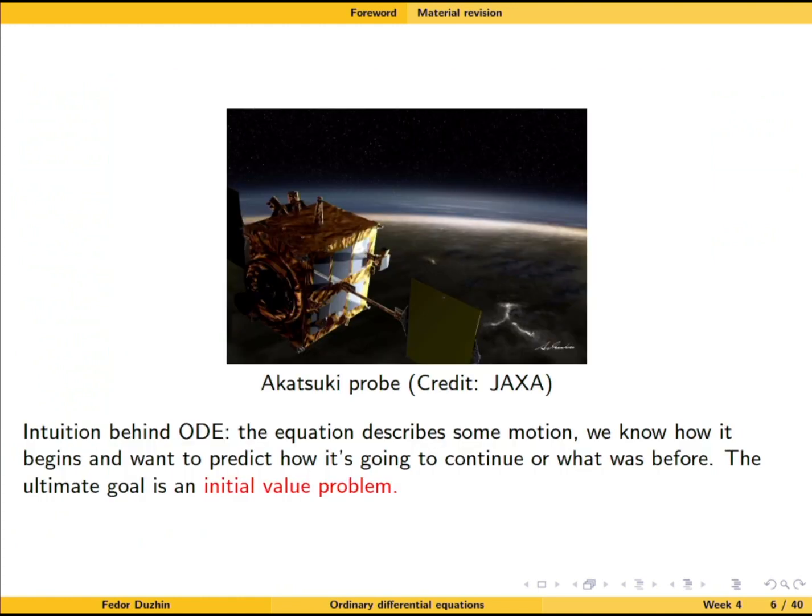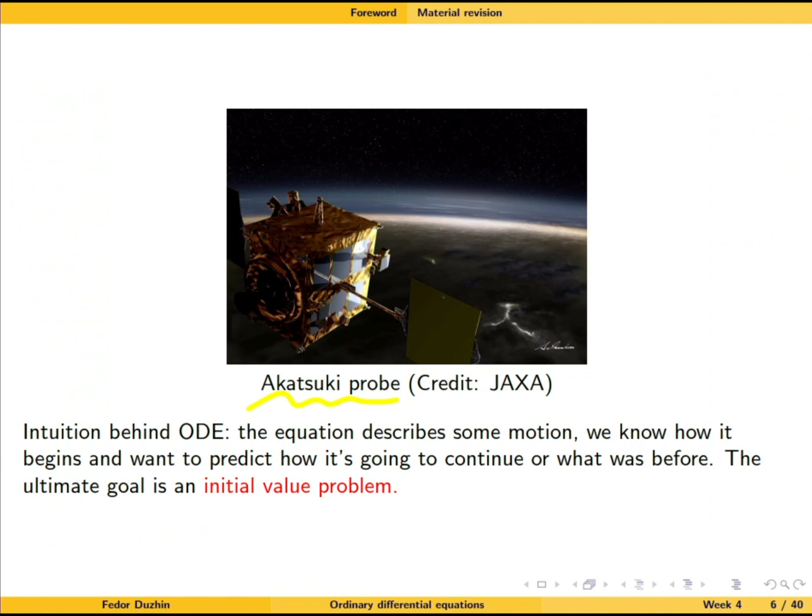When you think of differential equations, it is good to develop some intuition in terms of the initial value problem. And I like this example a lot. This is a picture of the Akatsuki probe, a space probe that the Japan Space Agency sent to Venus.